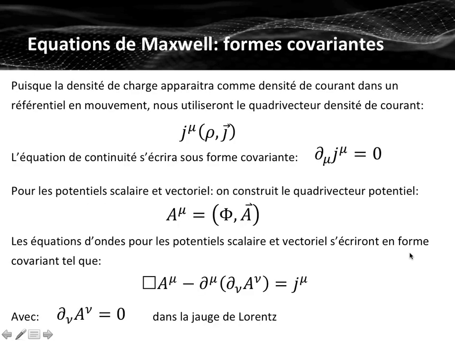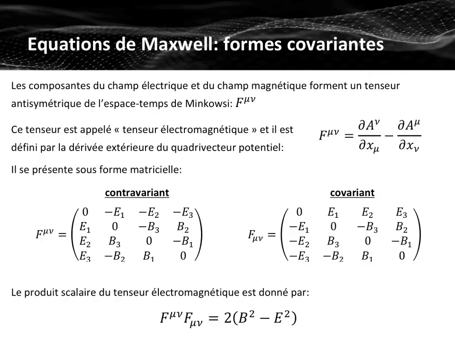So basically what we have done here, in one slide, is write all the equations that we have seen before, apart from the Maxwell equations yet, in their covariant relativistic forms. Now, what about Maxwell's equations in covariant form? To do that, we have to define something called the electromagnetic tensor, or in English textbooks, the field strength tensor.